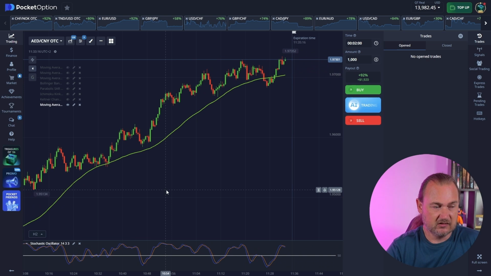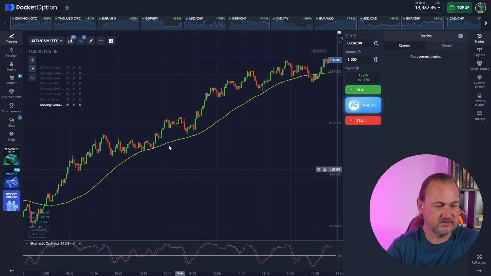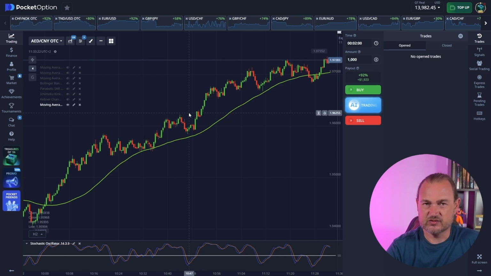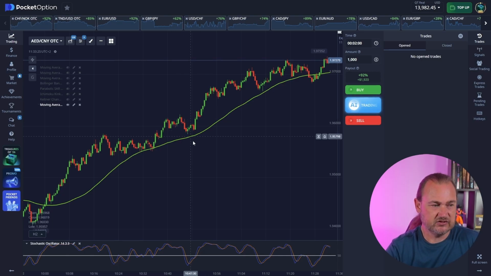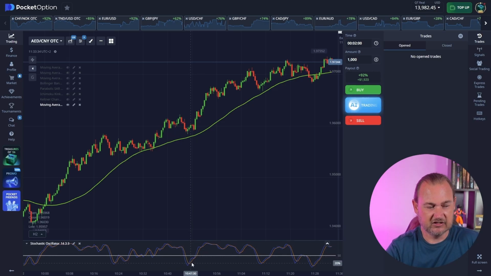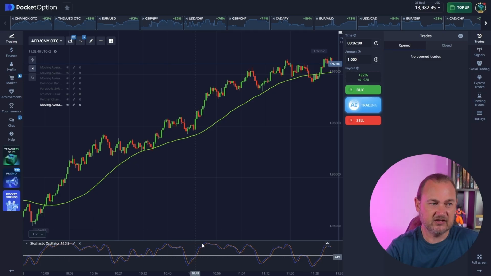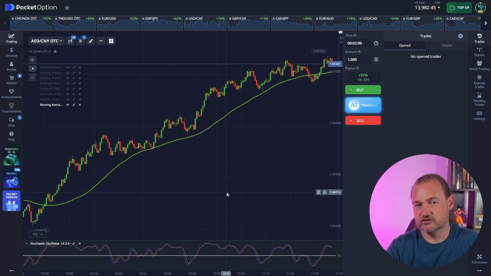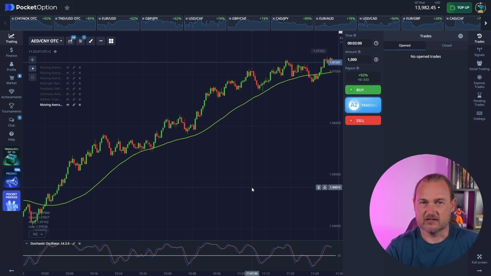What we're going to do now is look for areas where price retreats back to the moving average, just above or just below, and then we're going to look for areas where the momentum swings. So we want to see the stochastic dip below 50, and then we want to see it push back out again. Once it pushes out, we are simply going to go in the direction and do a buy trade like this, and we're going to do the exact opposite for sell trades.